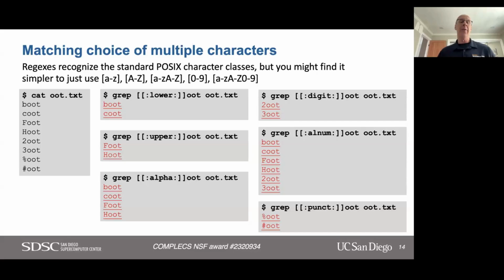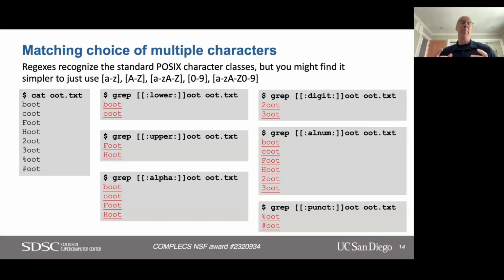I find that I don't use most of these POSIX character classes very often. I generally find it easier just to specify A-Z or 0 through 9 or combinations of these. But I do find, though, that the punctuation class is especially useful because I've written regular expressions in the past and I needed to, let's say I was looking for a punctuation that appeared at the end of a string.